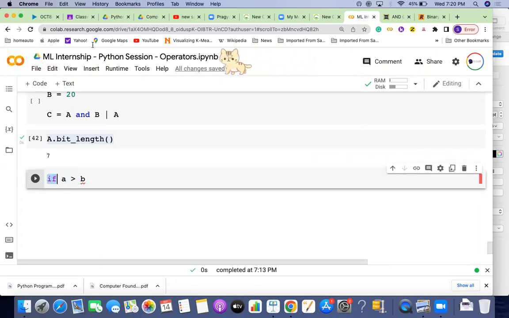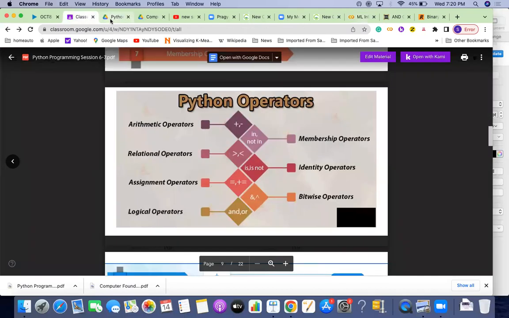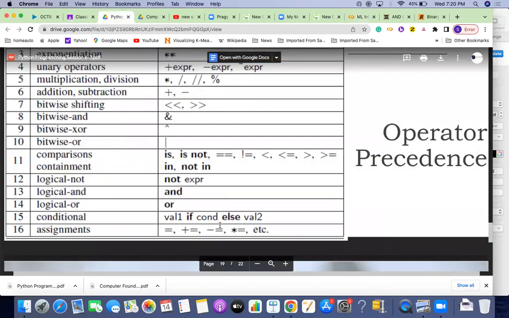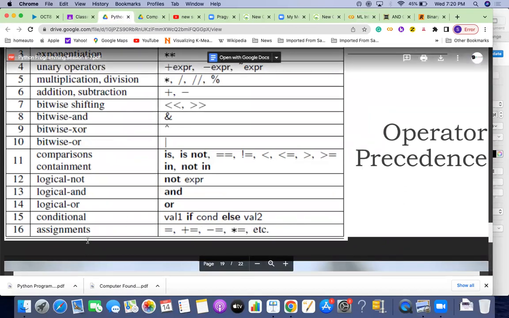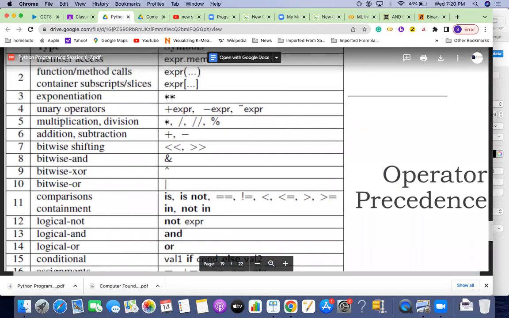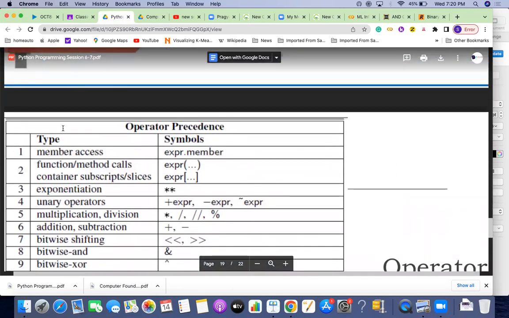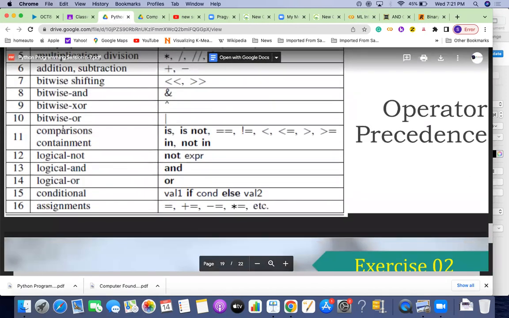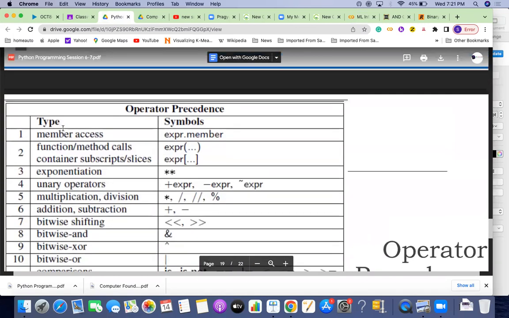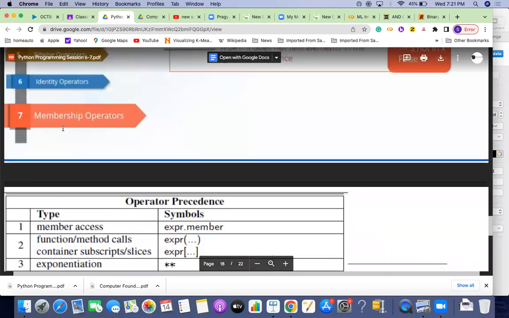So conditional, all the if and else conditions, will be last, then assignment mostly, then the logical, then the comparison, then the bitwise, then addition, subtraction, unary, exponentiation, functional. This is how the order will be. If you revisit it two or three times, this is how you will remember the operator precedence. Any questions here?